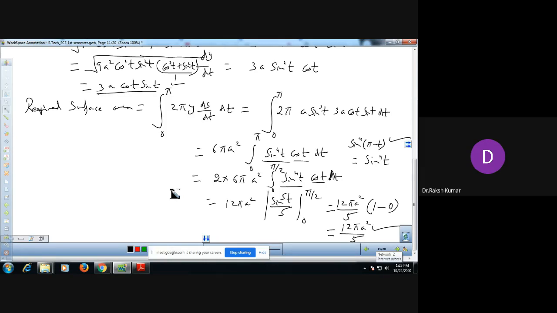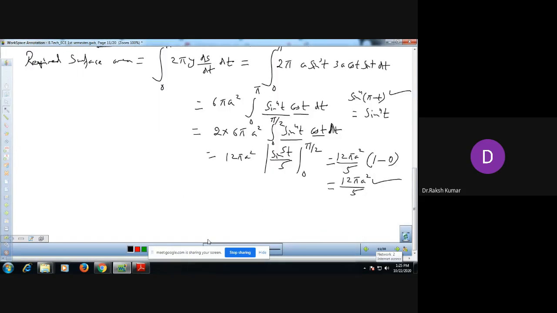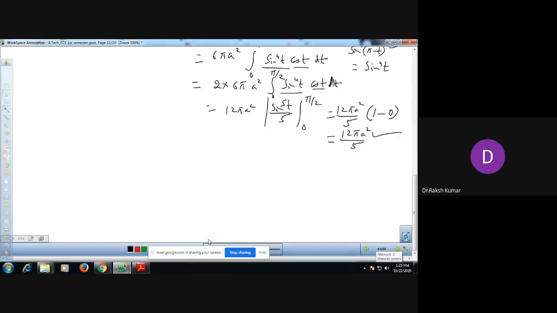So by this way, we can compute the surface area in the parametric equations also. Now, one more formula is there when you have to find out surface area for polar equations.